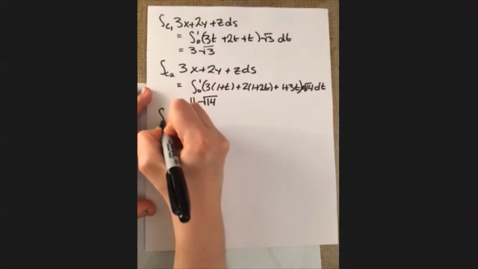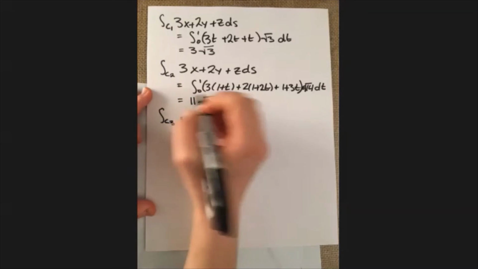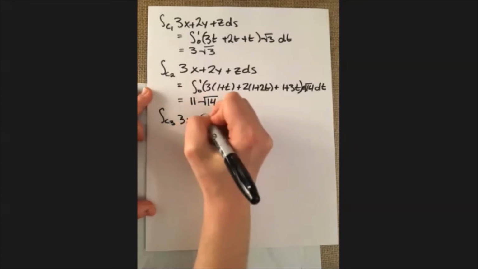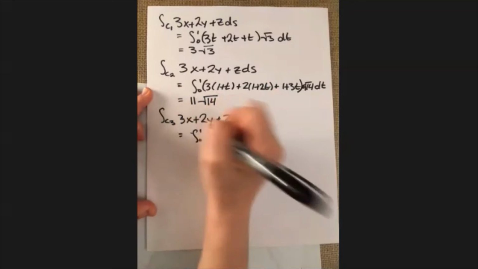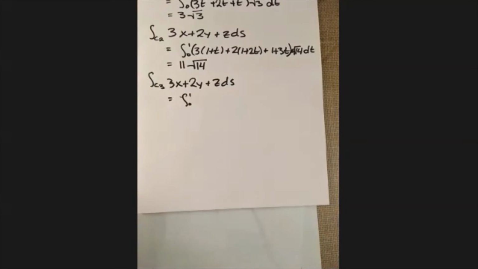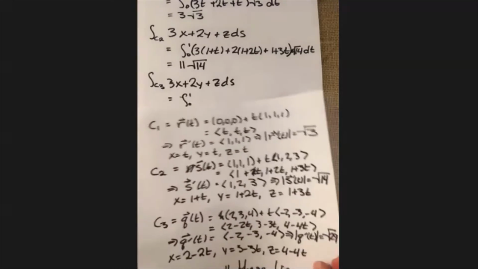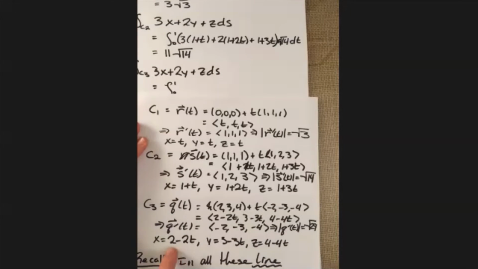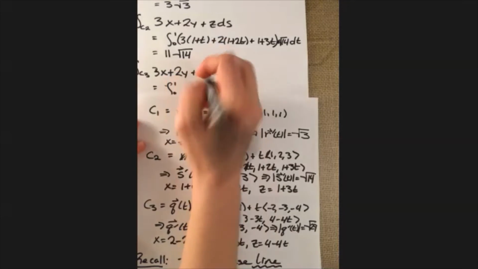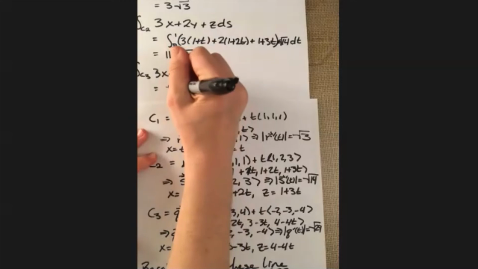And then we have our final line segment to work with. 3x plus 2y plus z ds equals integral from 0 to 1 of, all right, now we got to start swapping some pieces out. Looking at our parameterizations here, we're going to get that x is equal to 2 minus 2t.